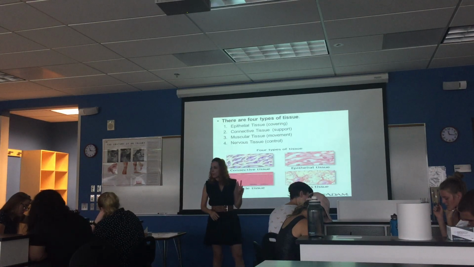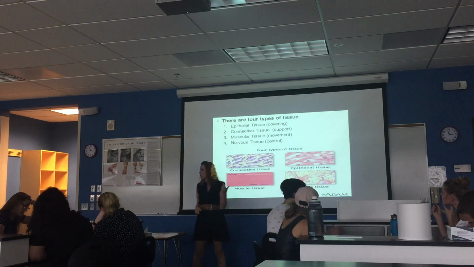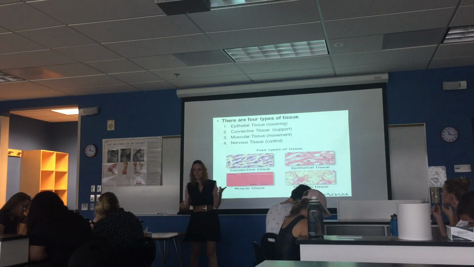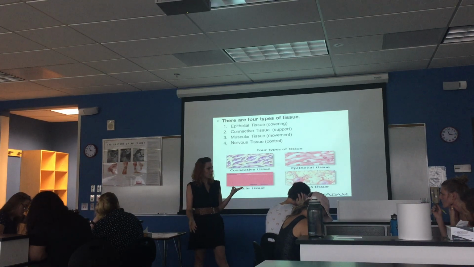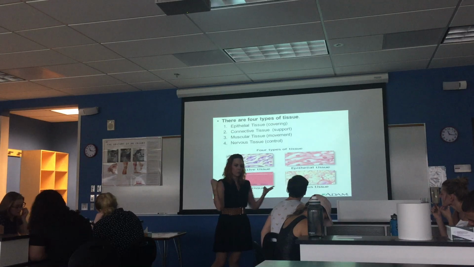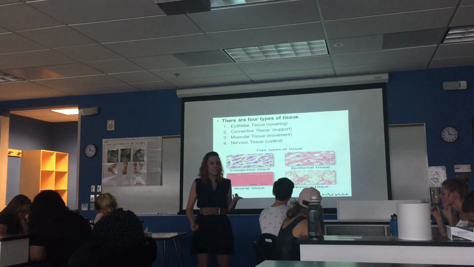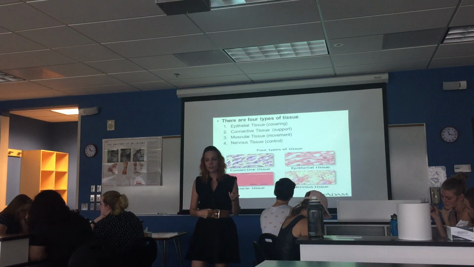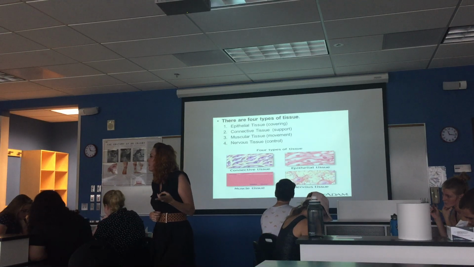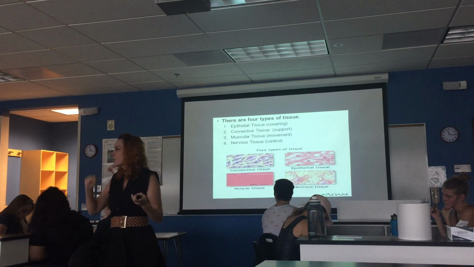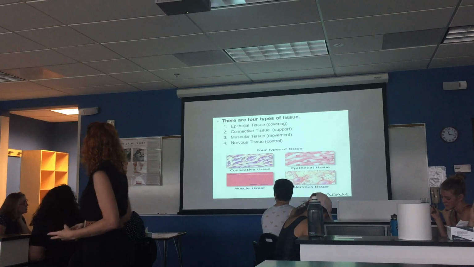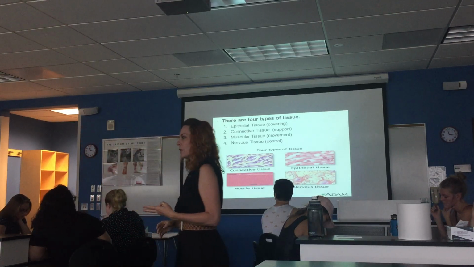The other 2 classes are muscle tissue, which functions in movement of something, depending on the type of muscle tissue. If it's skeletal muscle, that's movement of your body. But if it's smooth muscle, it's movement of food through your intestine, movement of blood through your vessels, movement of the baby out of the uterus, movement of urine out of the bladder, whatever movement.